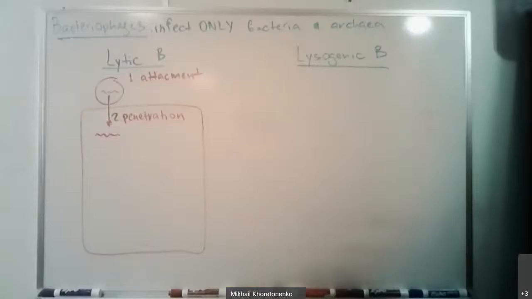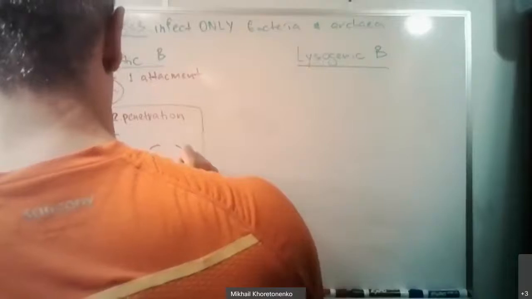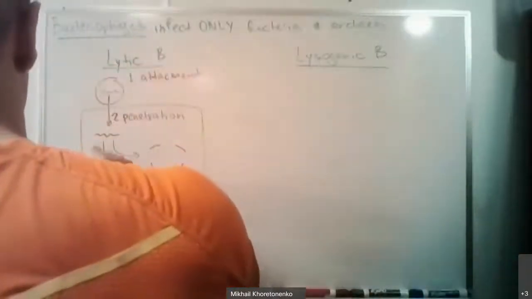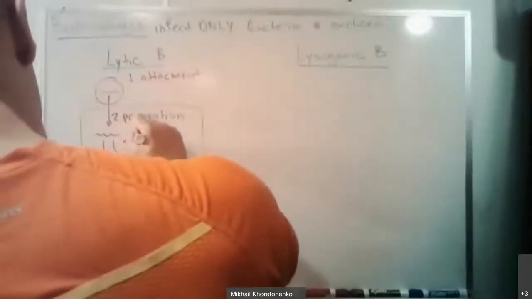Inside of the cell, genes encoded by this genome get expressed, which leads to the production of bacteriophage proteins and accumulation of bacteriophage genomes. The third step is called biosynthesis.